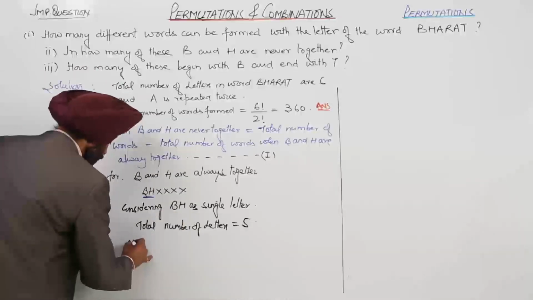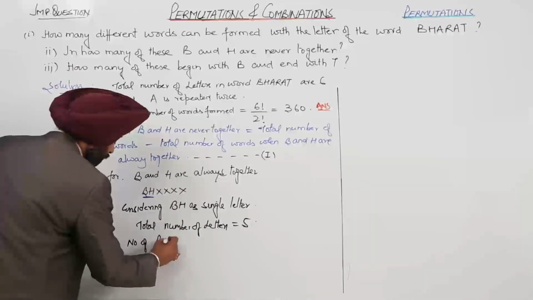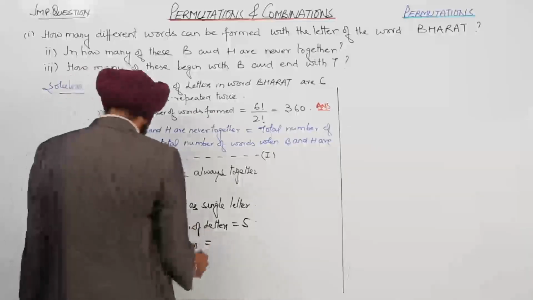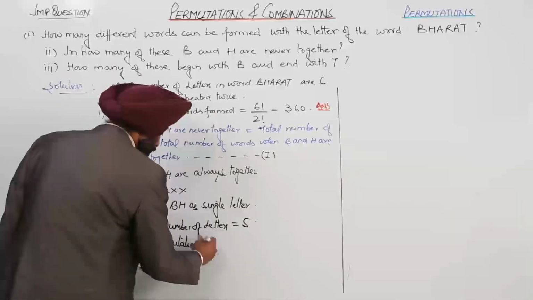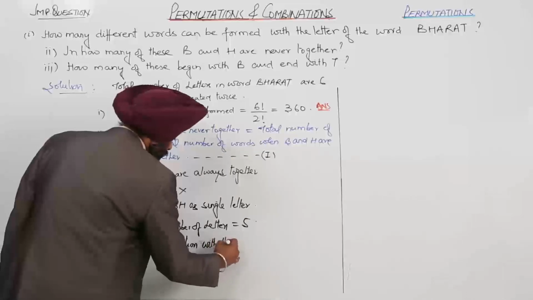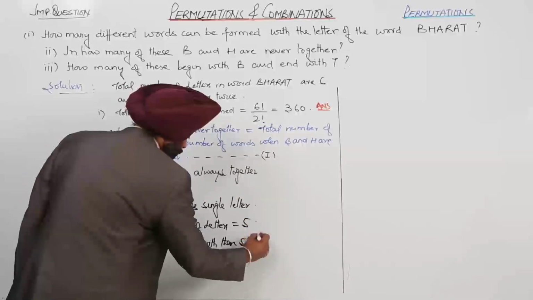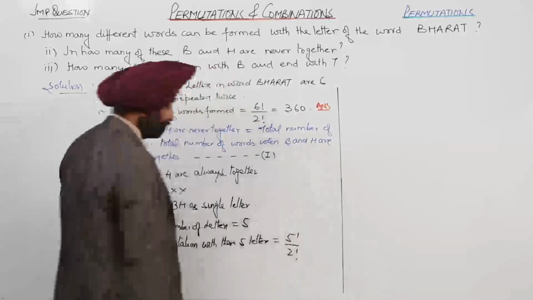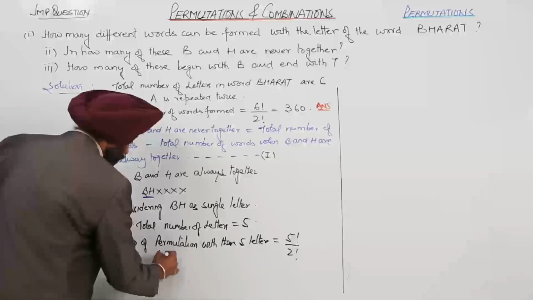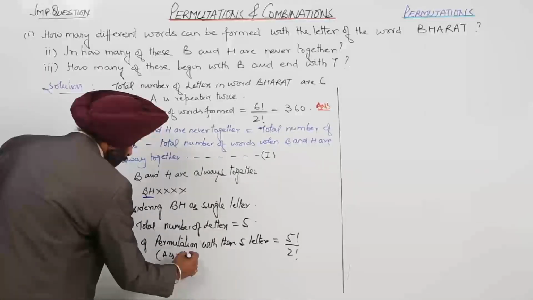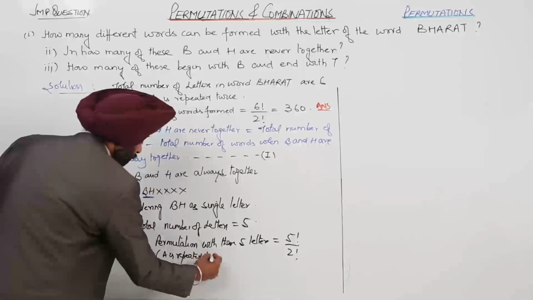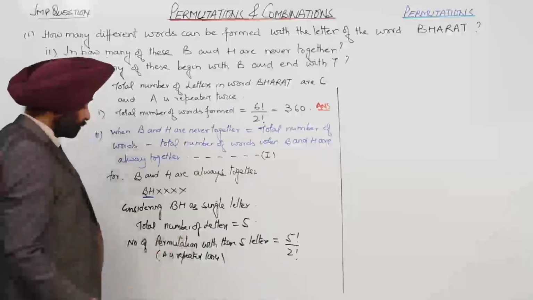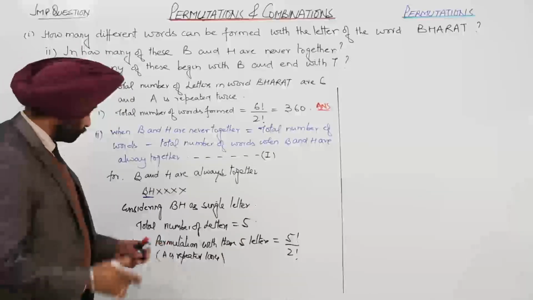Now the number of permutations with these 5 letters is equal to 5 factorial upon 2 factorial, because A is repeated twice. Already I have written on the top also. So this becomes 5 factorial upon 2 factorial.